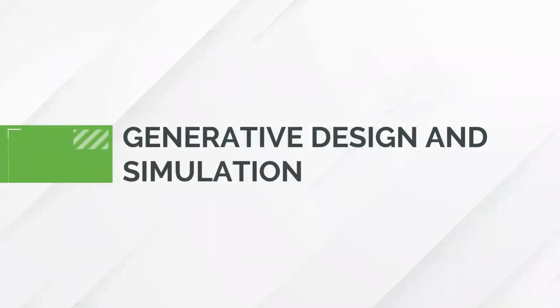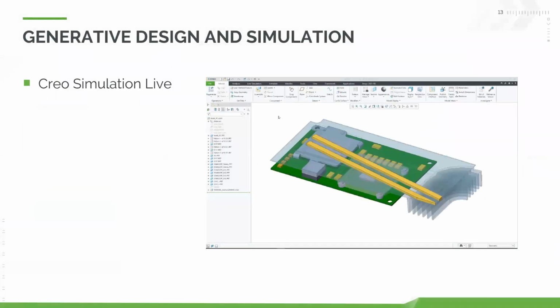All right, so that covers everything that I want to touch around these, but I want to move now into some areas of work that we've been doing over the past couple releases of Creo around generative design and simulation. So we're going to start here with, first and foremost, Creo Simulation Live. What we have now is support for multi-physics. So you can now have thermal and stress loads all in one particular study.